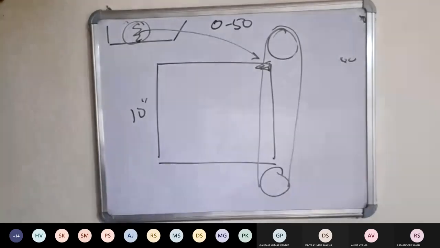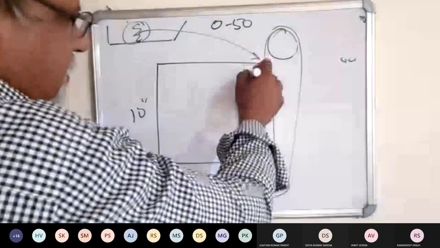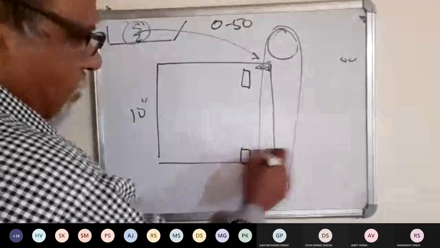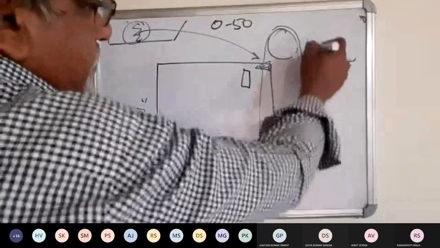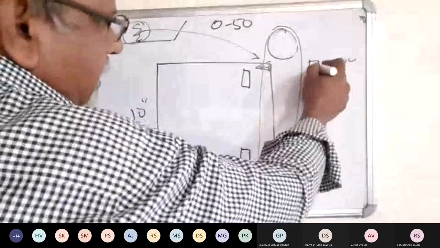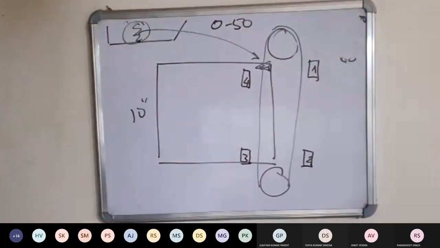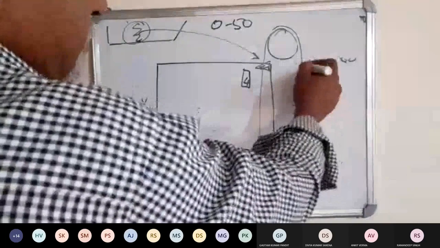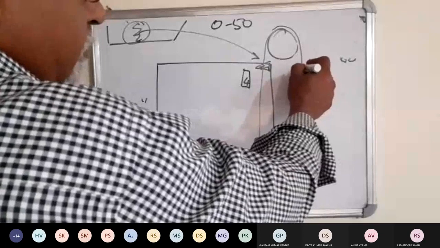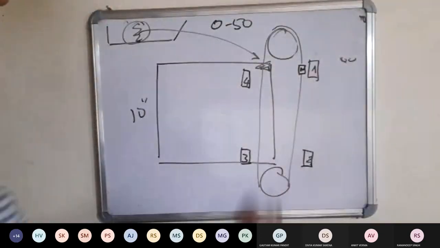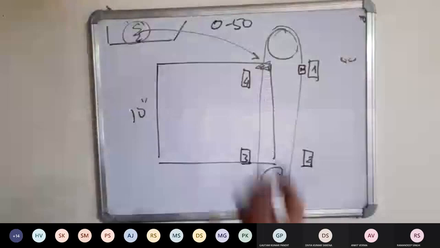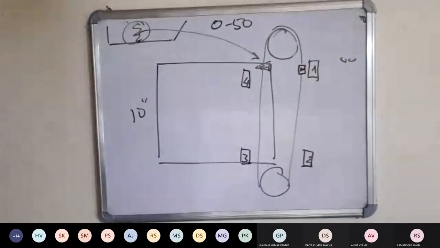But the device which is using phasing has sensors placed around the belt. Let us say 1, 2, 3, 4. These are sensors placed around the belt, and there is a magnet which basically triggers the transmission of the pulse.